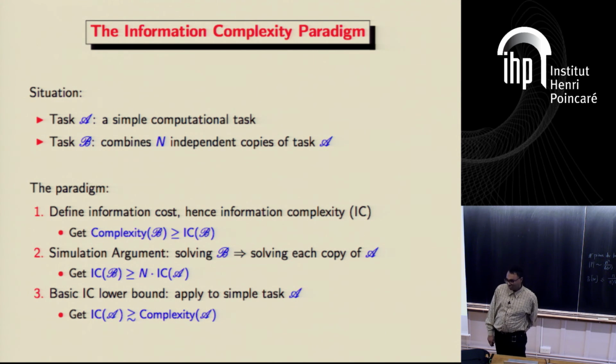So what's known for task B, solving n independent copies with some small bias, and possibly slightly dependent? Is there any result?